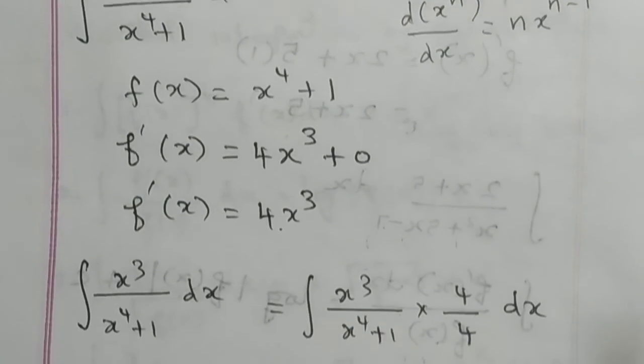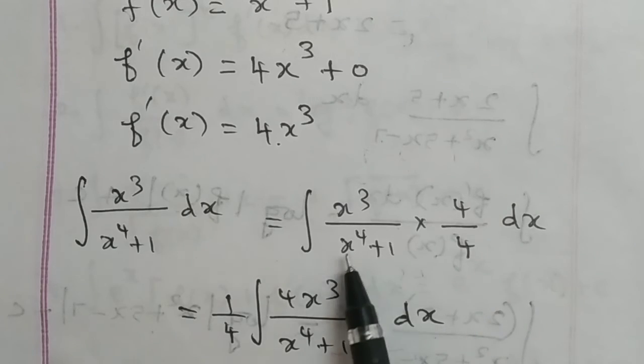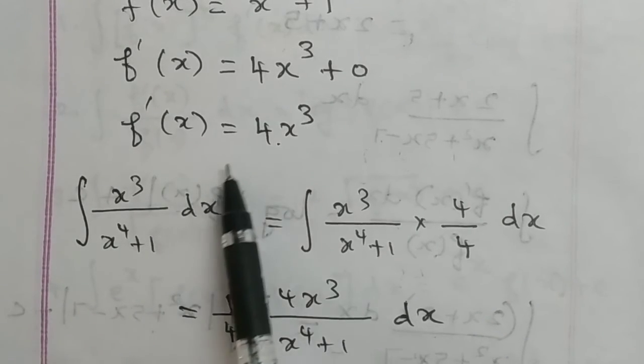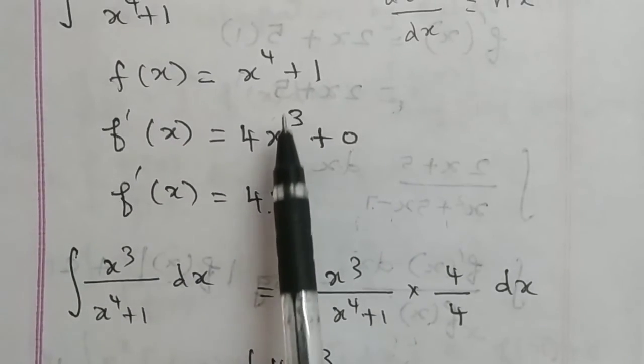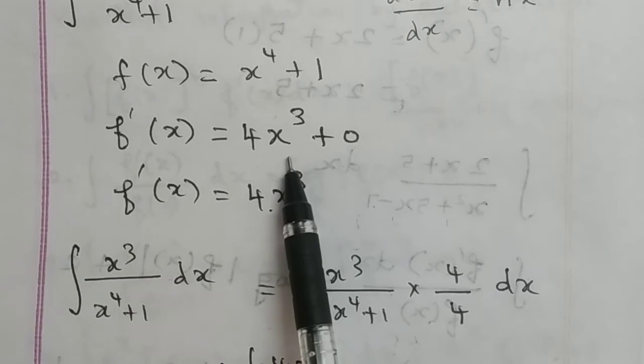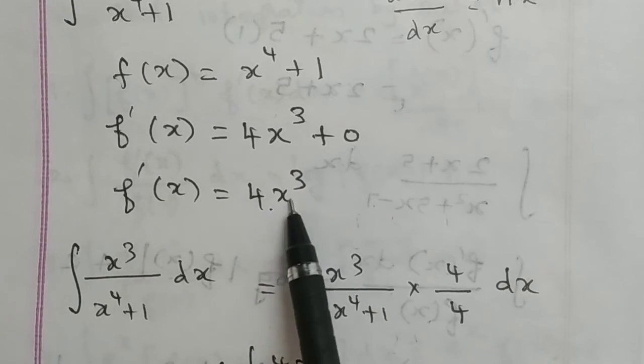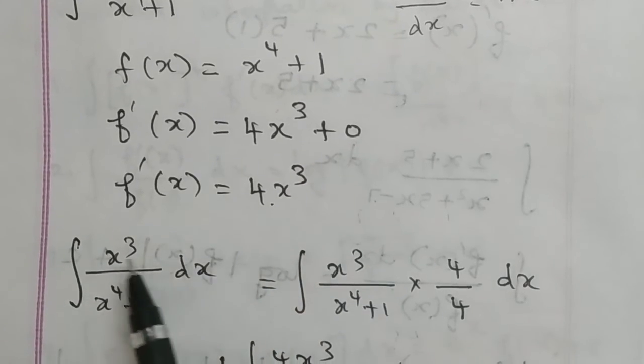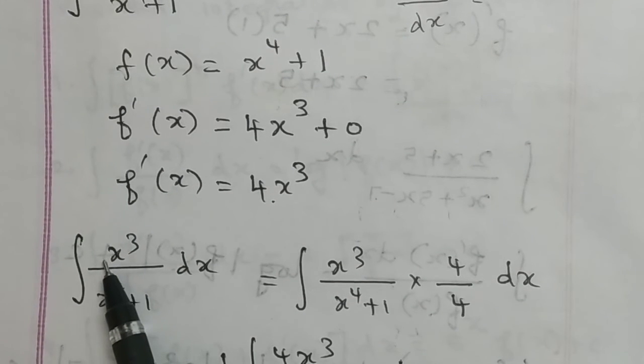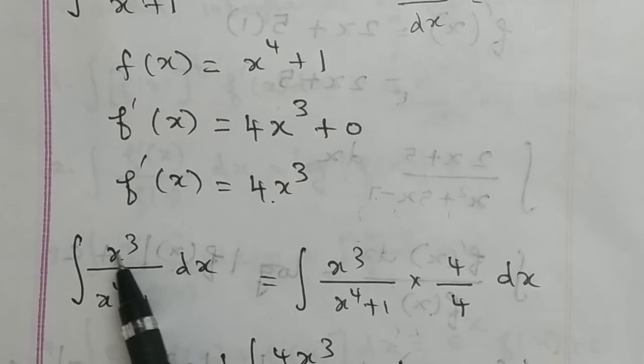So we know that result, so apply that here. The derivative of x power 4 is 4x cube, and the derivative of 1 is 0. So in the numerator there is no 4, only the x cube term.